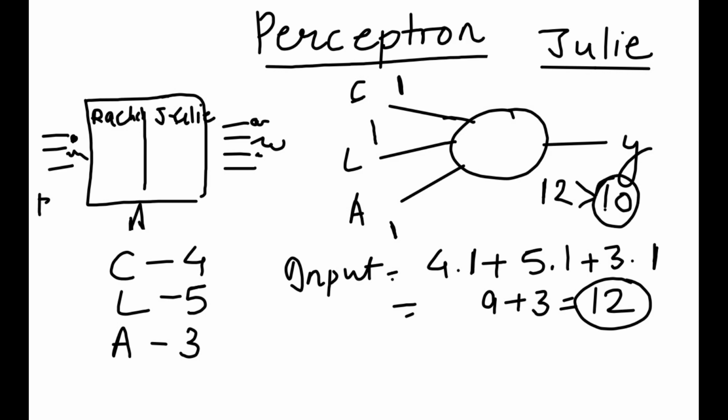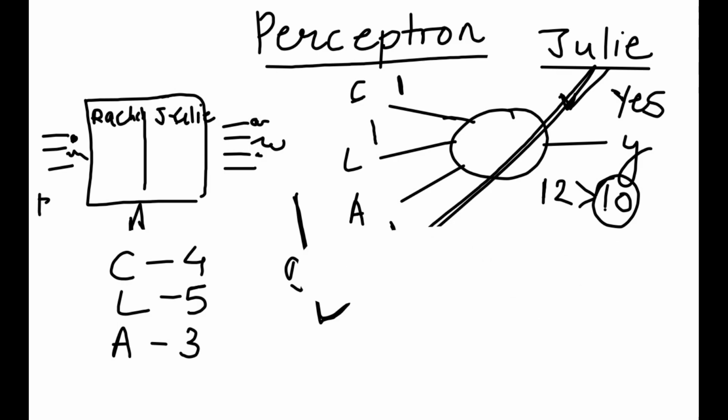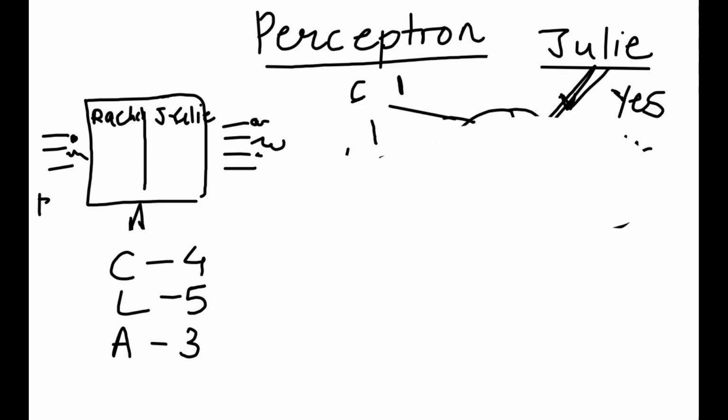So the perceptron is going to fire, and the output of the decision system will be a yes. So that means that yes, Ross is going to go on a date with Julie, and he's going to be much happier with Julie because they both have a lot in common. Well, that's what I think.